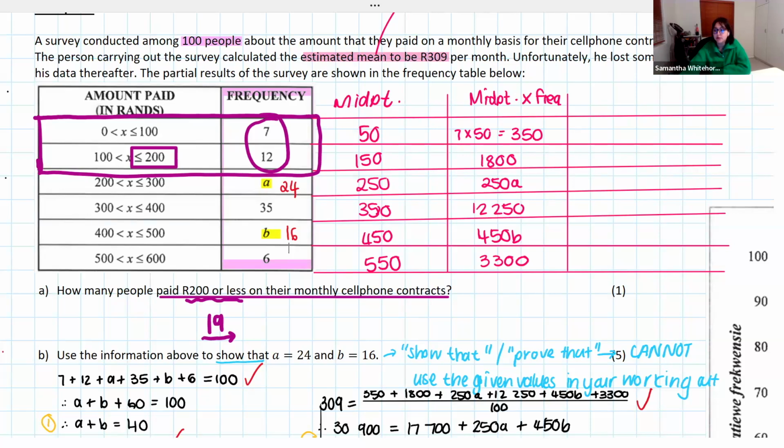Anyone? Modal interval? Okay, well, we would look for the highest frequency. The highest frequency here is 35, so our modal interval is 300 to 400.